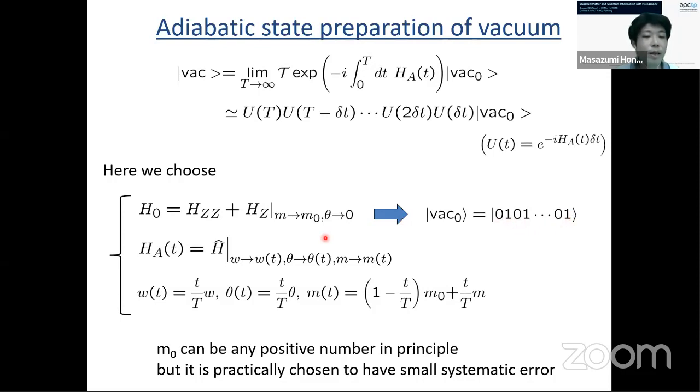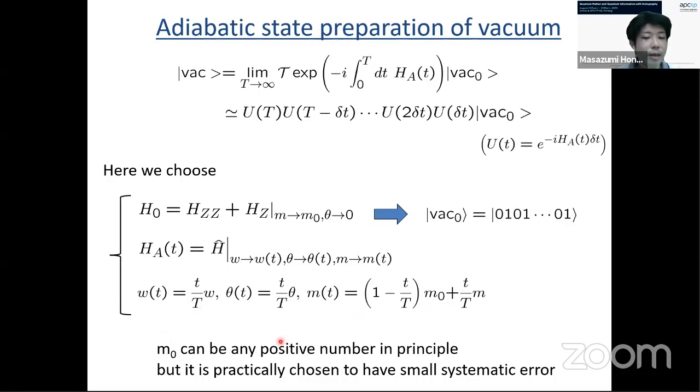And then we gradually turn on the lattice spacing, theta, and mass, like this. At the initial time, we don't have a lattice spacing, or we have an infinitely long lattice spacing. And we don't have a theta, and we have some different mass M0.